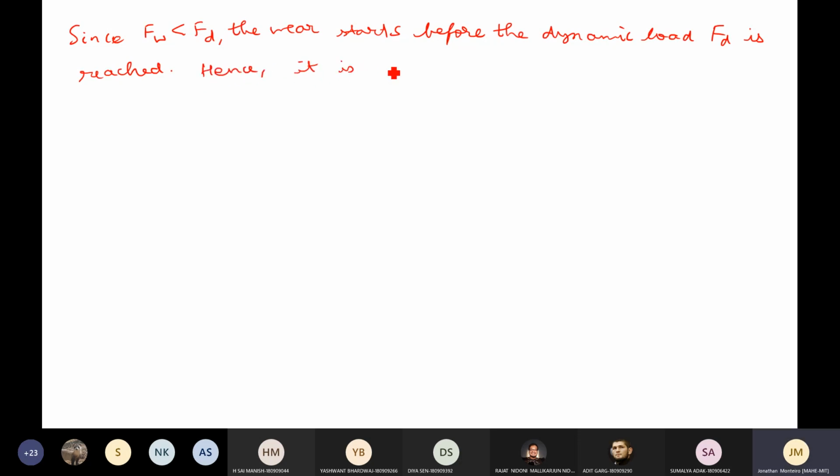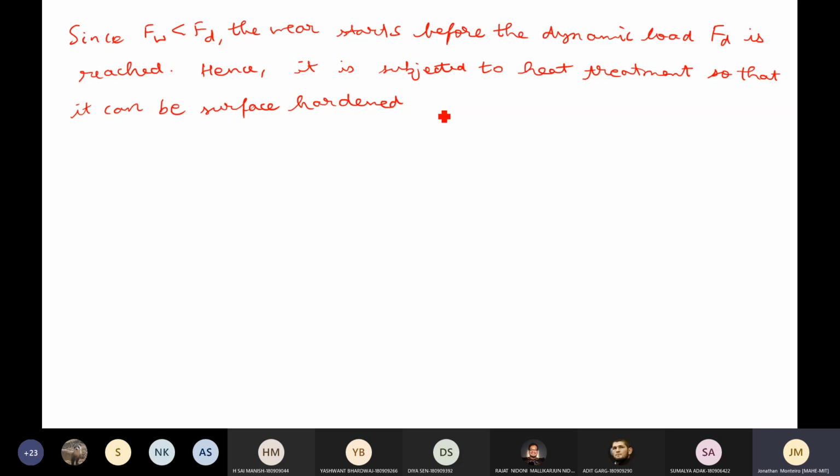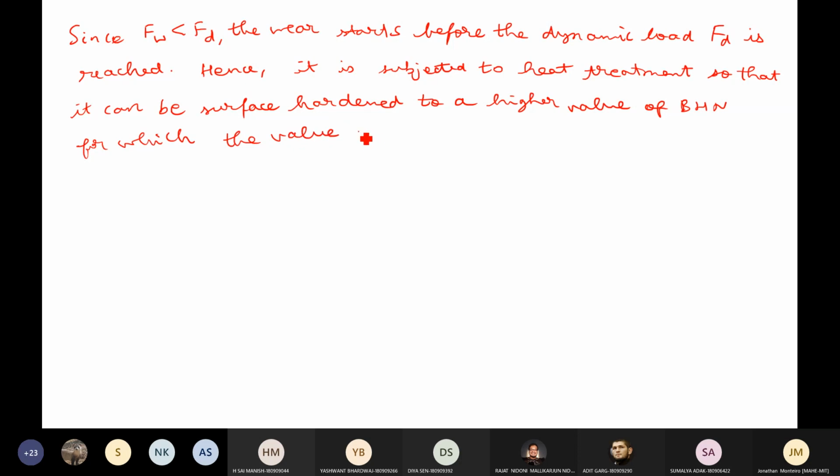Hence, it is subjected to heat treatment so that it can be surface hardened to a higher value of BHN, for which the value of K is 2.848. Okay.